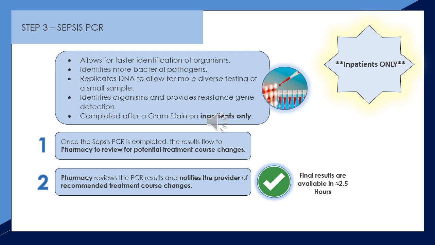Once the sepsis PCR is completed, the results flow to the pharmacy to review for potential treatment course changes. Pharmacy reviews the PCR results and notifies the provider of recommended treatment course changes. Please note that this test is only conducted on inpatients, and final results are viewable after approximately 2.5 hours.